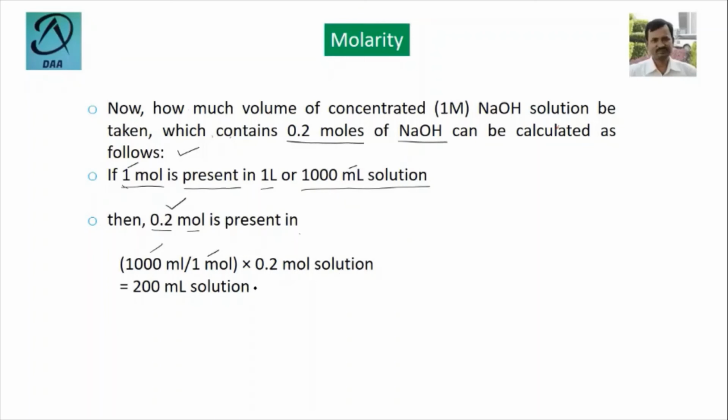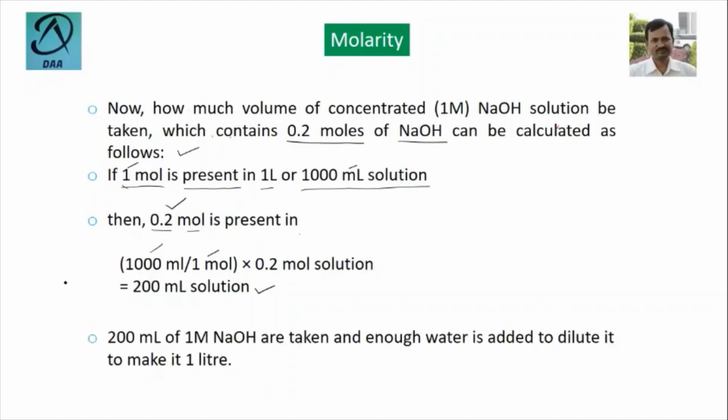Ultimately the result will be 200 ml of the 1 molar NaOH solution required to get the final NaOH solution of 0.2 molar. So 200 ml of 1 molar NaOH is taken and enough water is added to dilute it to get 1 liter of the final solution.